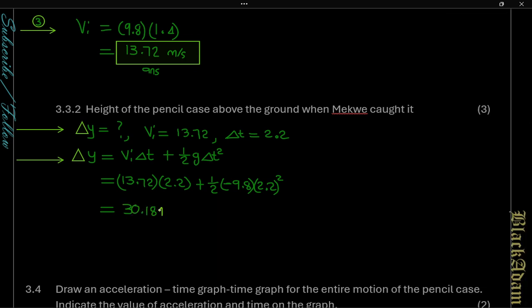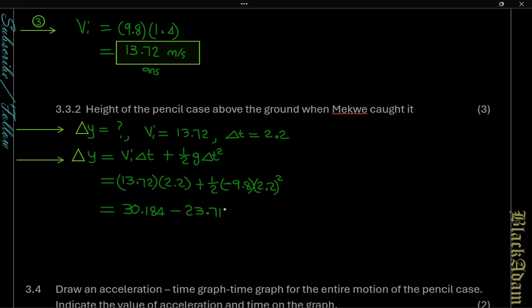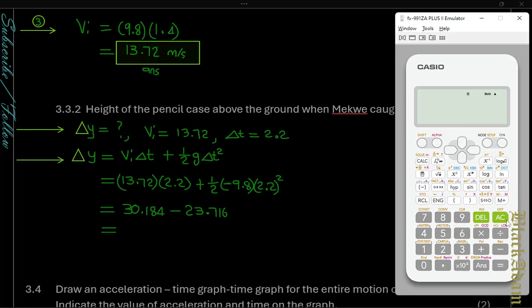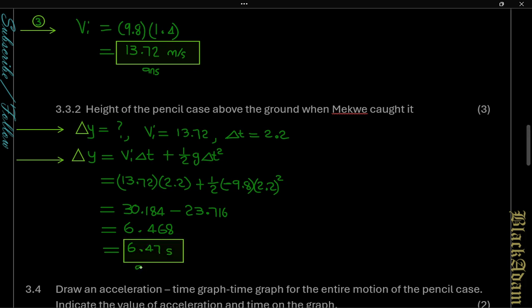And then that's going to be negative. Multiplying everything, 2.2 squared multiplied by negative 9.8 multiplied by half gives 23.7116, and summing up together we have 6.468. Rounding off to 2 decimal points, we have 6.47, and that's our answer.